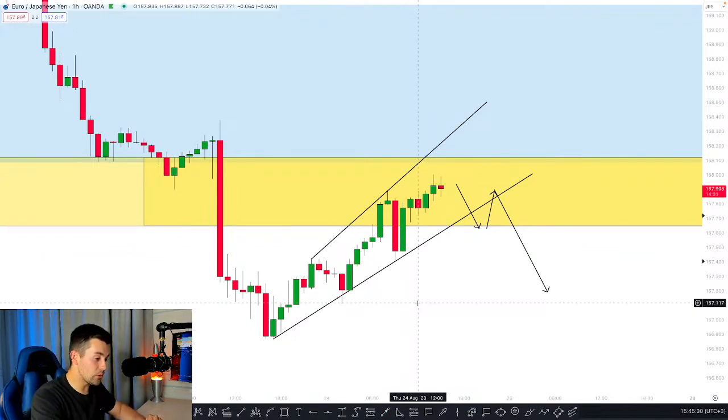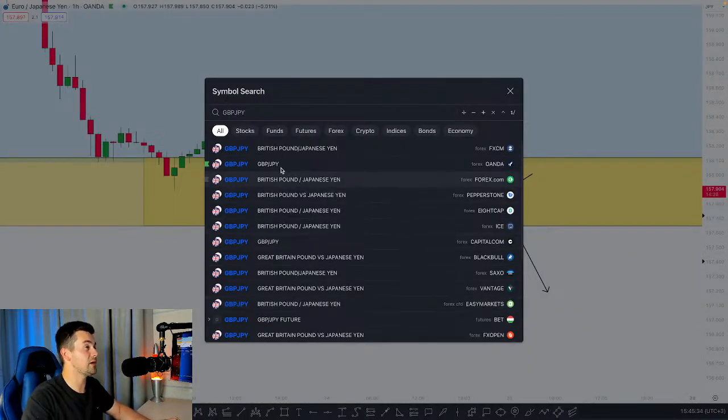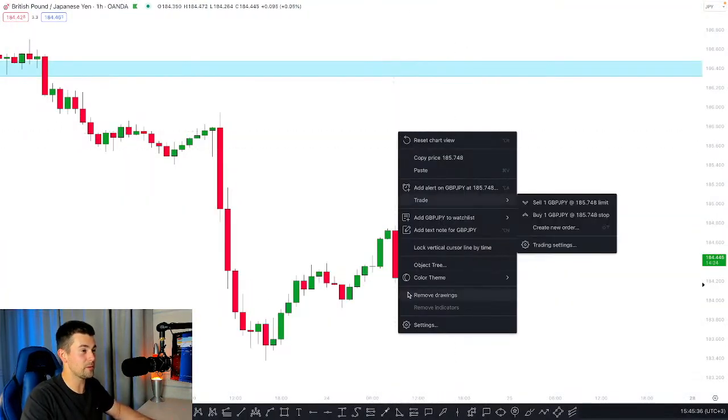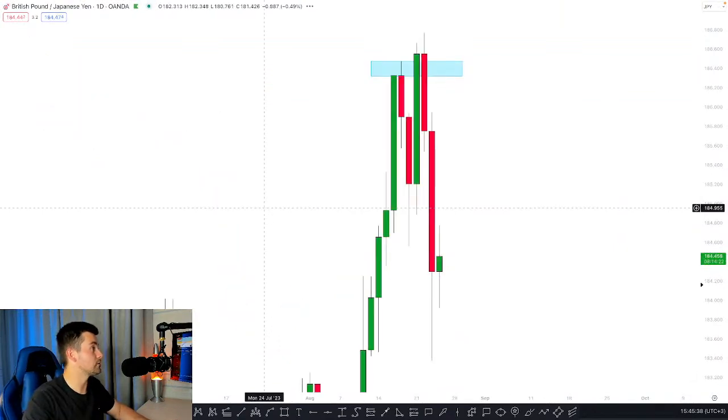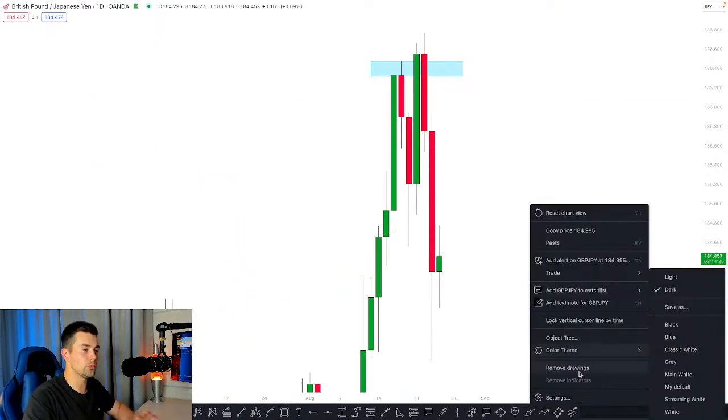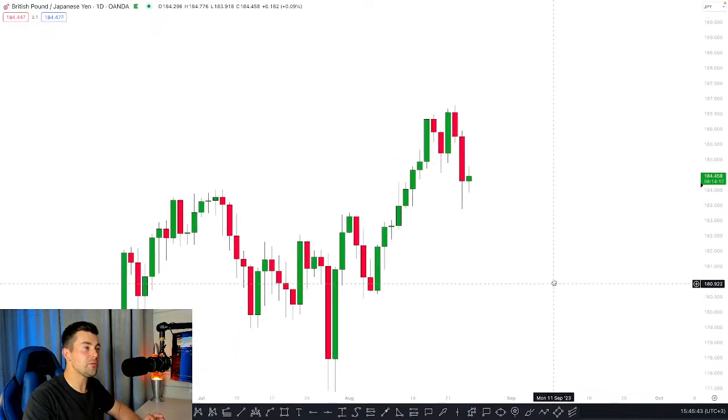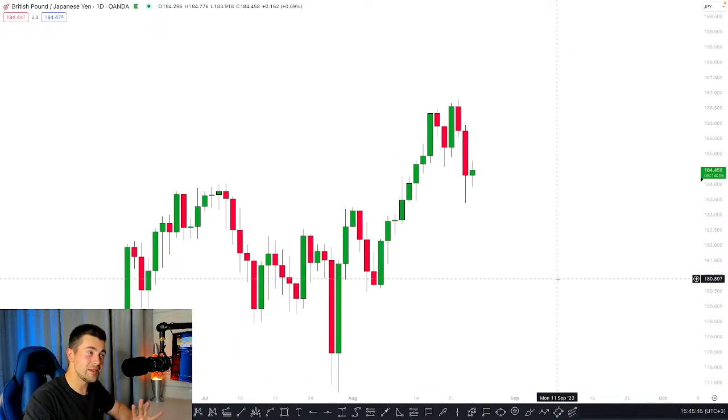I see a question from Shaohan concerning pound yen. Let's check that. It is a very closely correlated pair, so let's also discuss pound yen. On a pound yen pair, kind of the same thing, but here it looks a little bit differently.